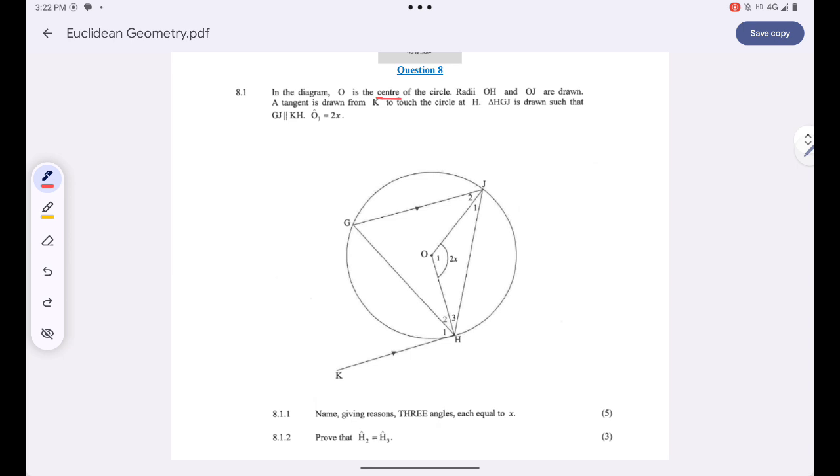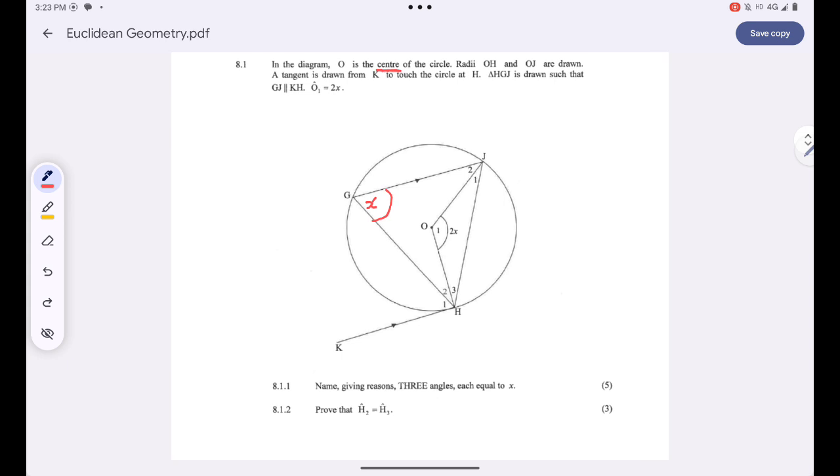Immediately when I see this, only two theorems should cross my mind. But for now, we'll only focus on this one. So if angle O2 is equal to x, that means angle G will be equal to x.